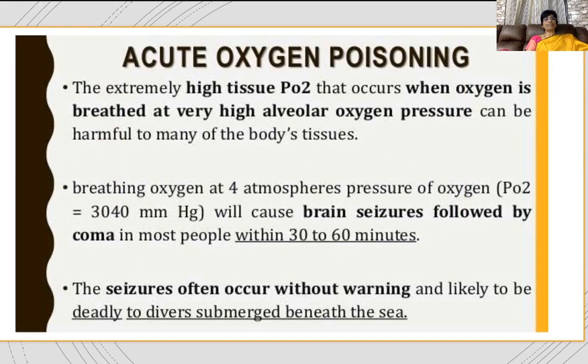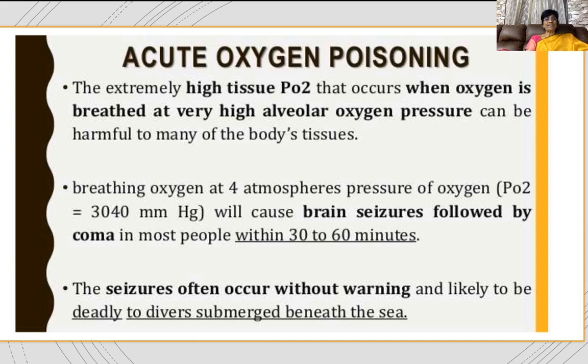Acute oxygen poisoning. The extremely high tissue partial pressure of oxygen that occurs when oxygen is breathed at very high alveolar oxygen pressure can be harmful to many of the body's tissues.